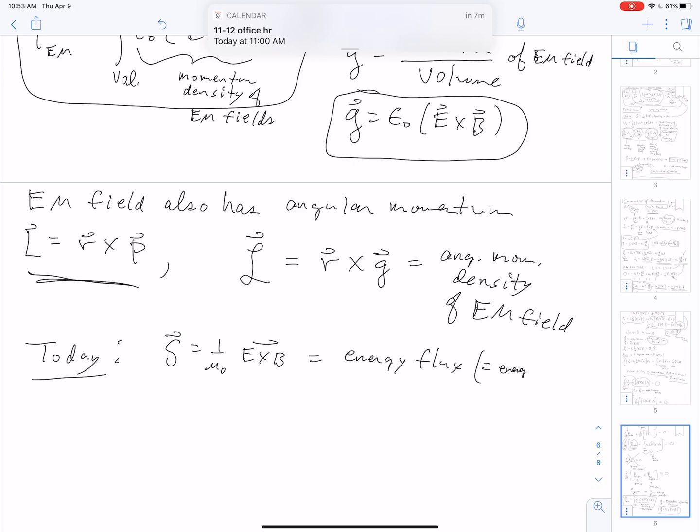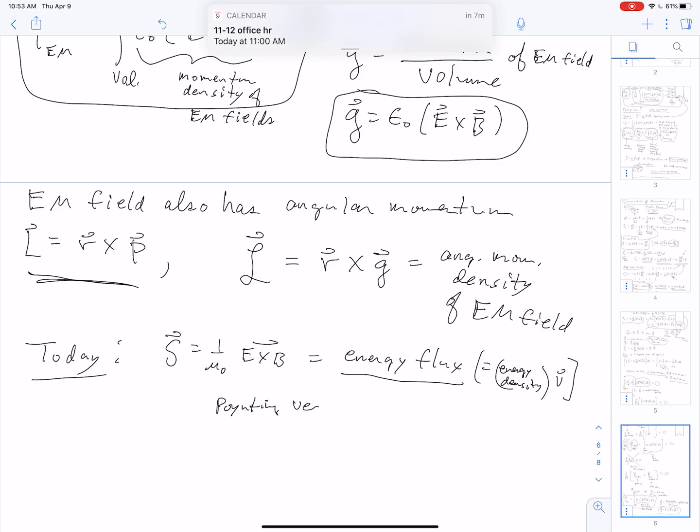I can write that as an energy density times a velocity if I want. It's the movement. That's what we derived before, that the energy flux carried by the electromagnetic fields is S. That's the Poynting vector.